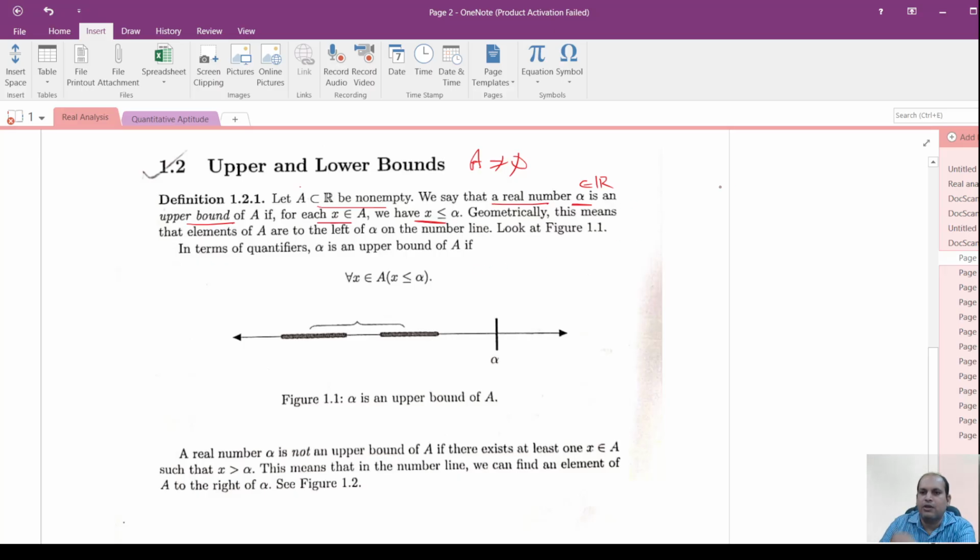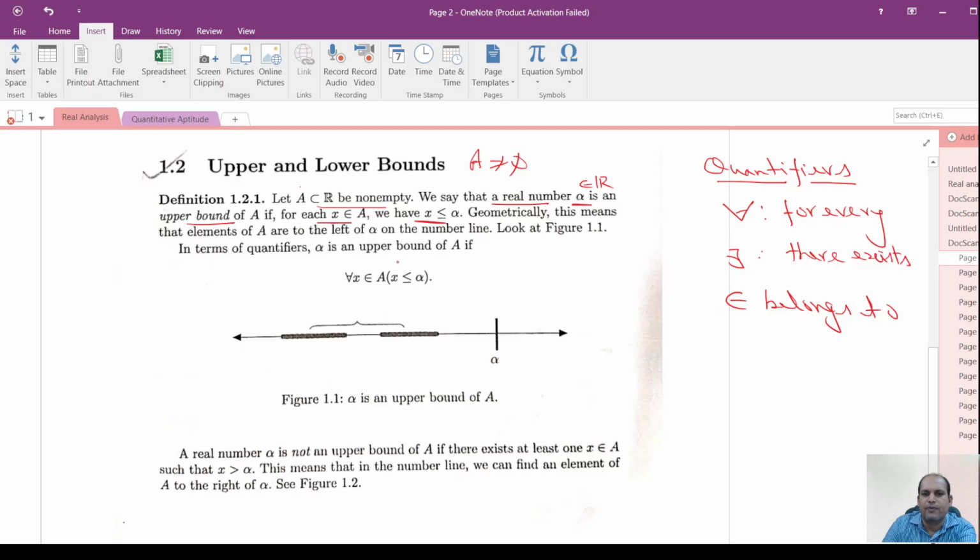In terms of quantifiers, quantifiers are symbols or phrases used to quantify things, and they are used for precise writing in mathematics. For example, for every is the notation for the universal quantifier, there exists is the existential quantifier, and this is the notation for belongs to.